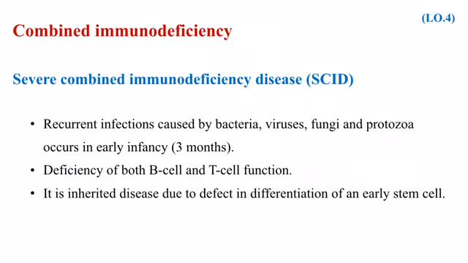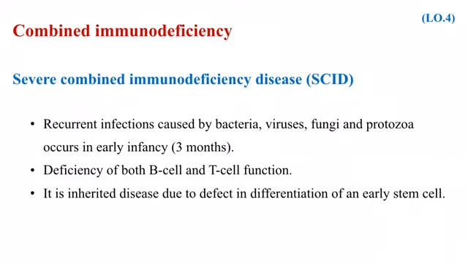In those patients we see recurrent infections caused by bacteria, viruses, fungi and protozoa occurring in early infancy, nearly 3 months of life. Recurrent infections begin at this age in these patients. There is deficiency in both B and T cell function.